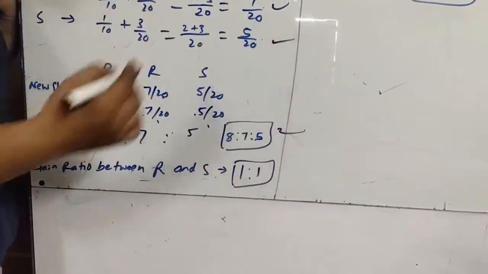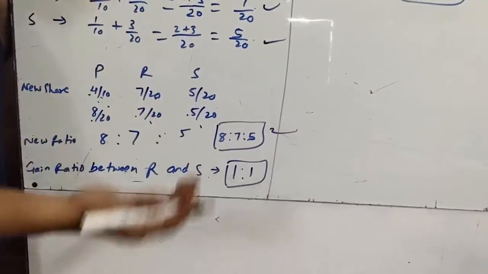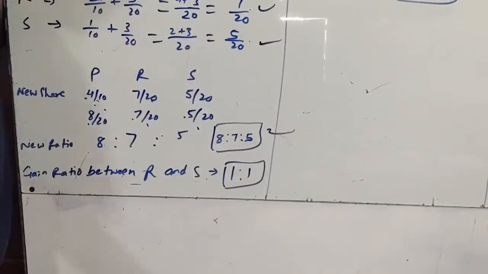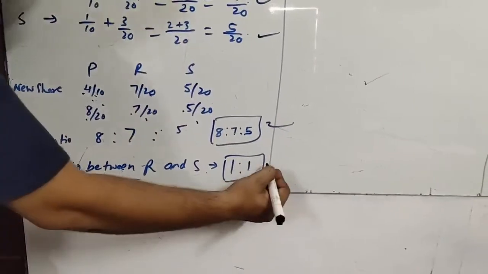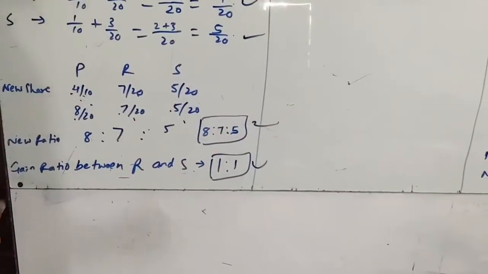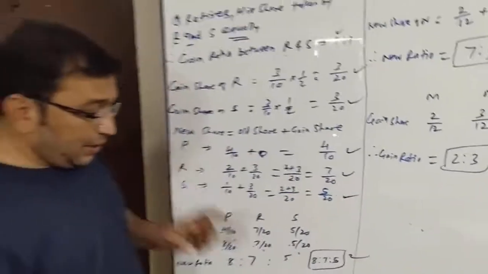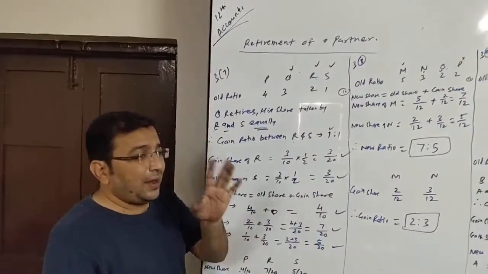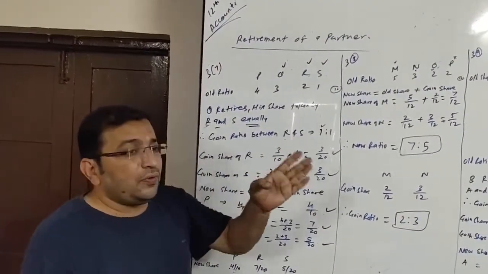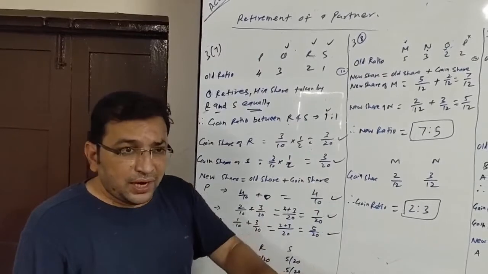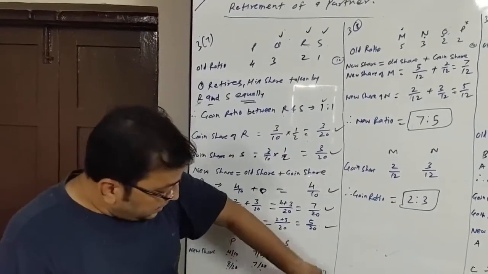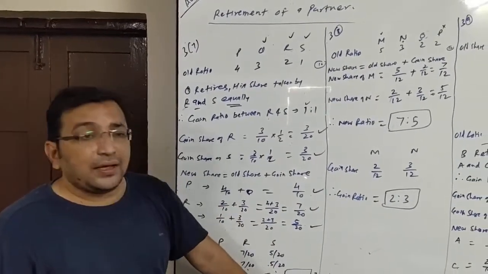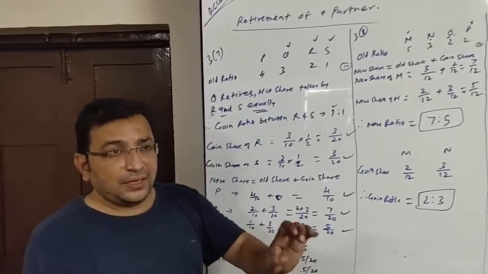So this is the new ratio, and the gain ratio is itself given in the sum, with the help of that we could calculate all that. Gain ratio is given already as 1:1, between R and S. So here Q is retiring, P is not going to get anything from his share, and R and S are going to get gain in 1:1.